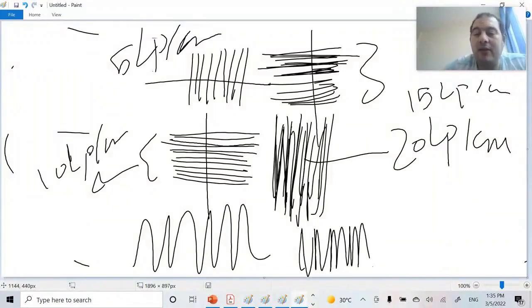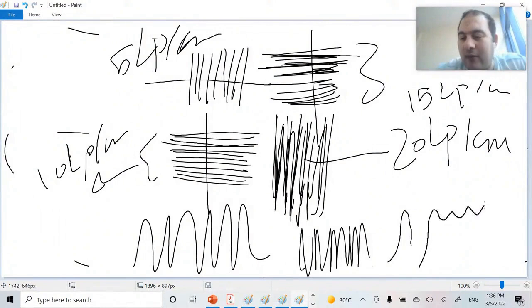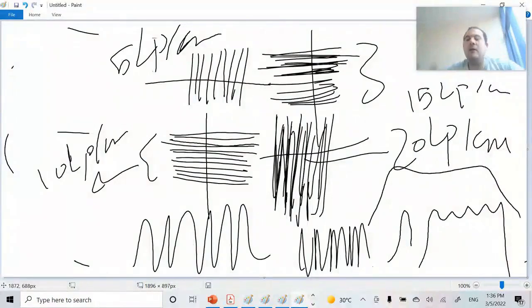When you reach 15, you find that the spaces between the peaks have started to decrease, meaning your curve, instead of being differentiated like this, could look something like this. As for 20, it might look like this. I can't really tell.